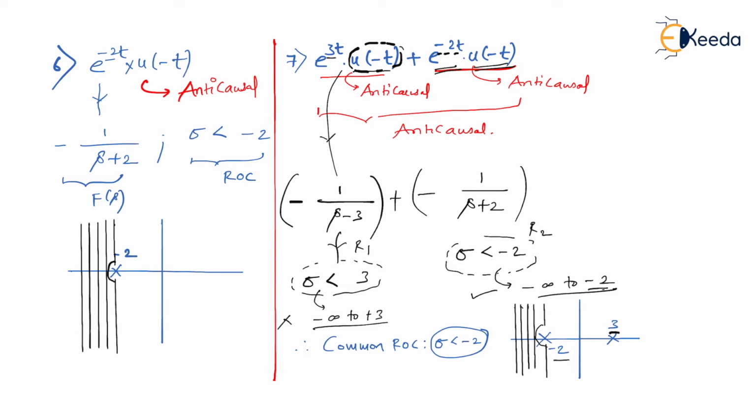The leftmost pole is minus 2, so we take the ROC to the left hand side of it. Therefore, sigma less than minus 2 is the common ROC. Whereas in causal functions, we have learned that whenever we have multiple poles, we select the rightmost pole, and take the ROC which covers the area up to positive infinity from the rightmost pole. Let us move to the next one.